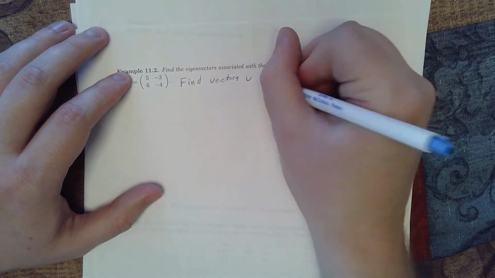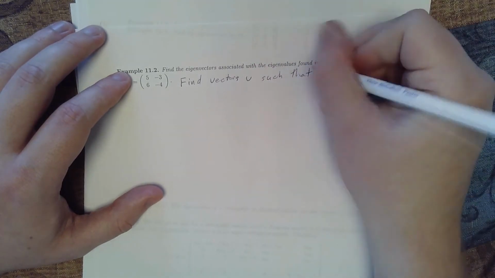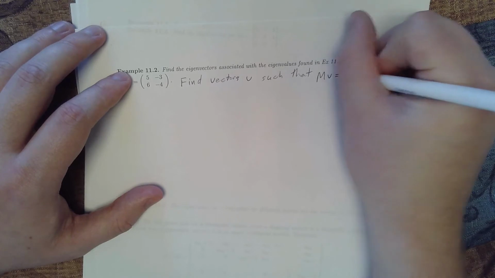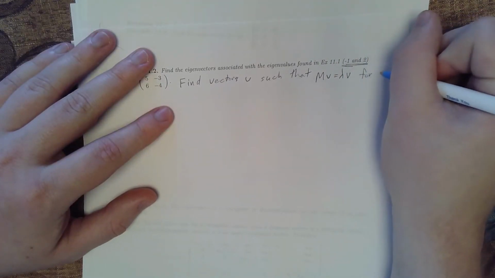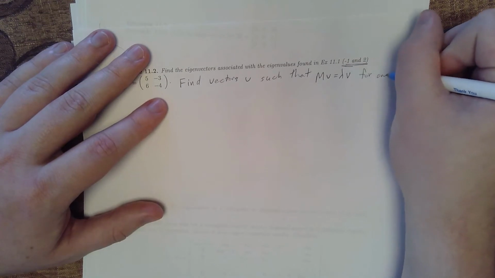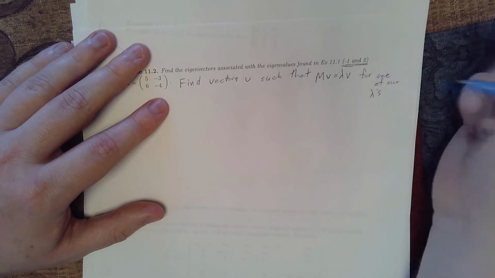v such that M times v equals lambda times v for one of our lambdas.